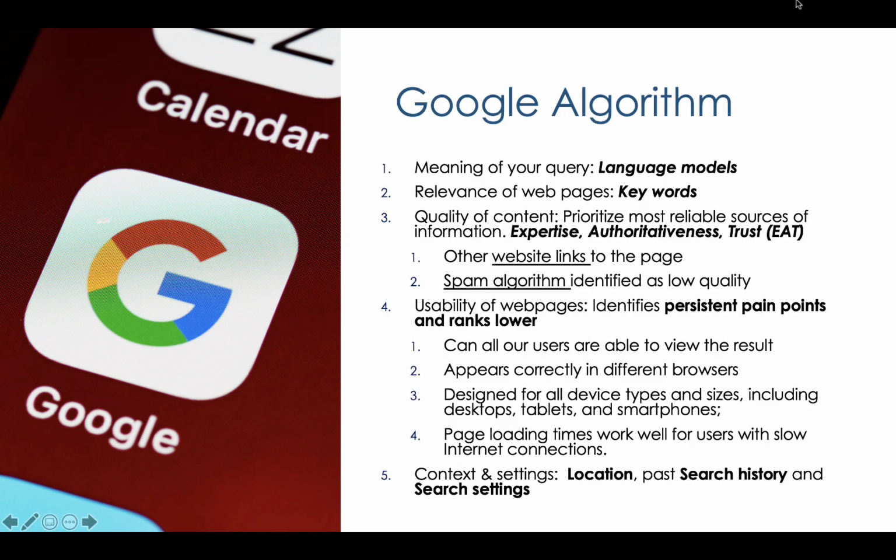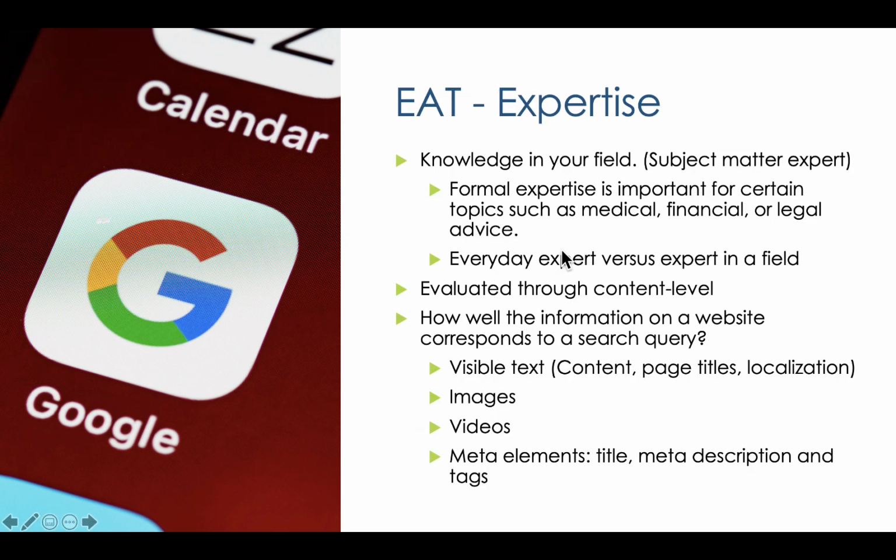So I talked a little bit about expertise, authoritativeness, and trust. And this is where the optimization piece really comes into play. Google looks for things to make sure that you're relevant and you're trustworthy. If you're in a particular field, whether you're medical, financial, legal, restaurant, whatever it could be, if you are an expert in your field, Google looks for that.